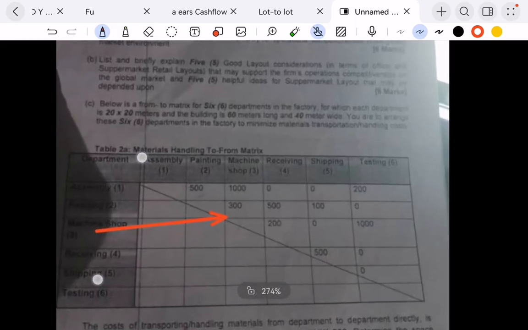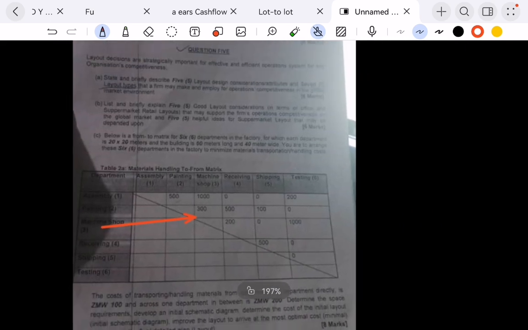I don't know if you're able to see those numbers on the table. So we have shipping, and we have machine shop. The numbers are following each other there.